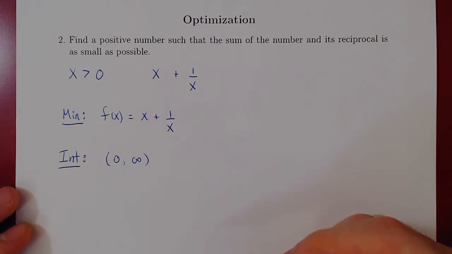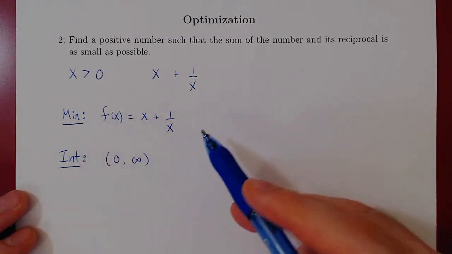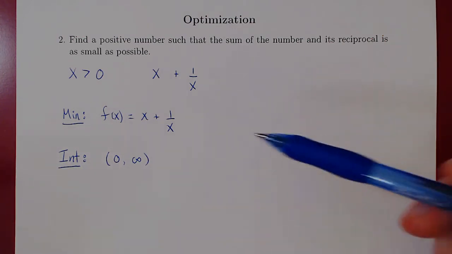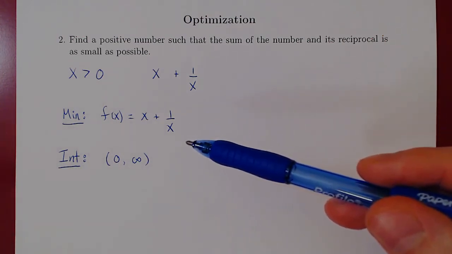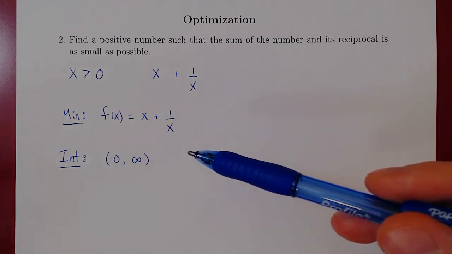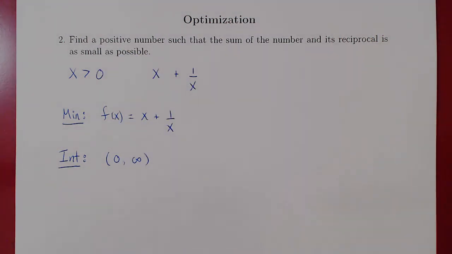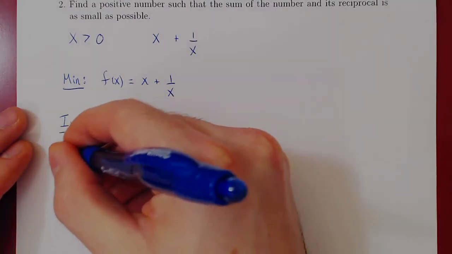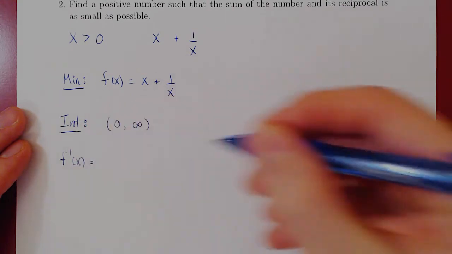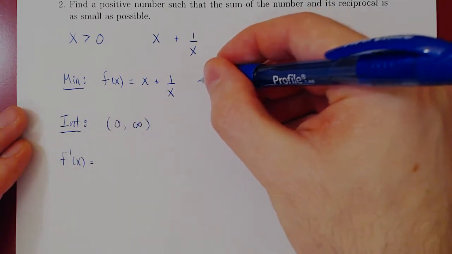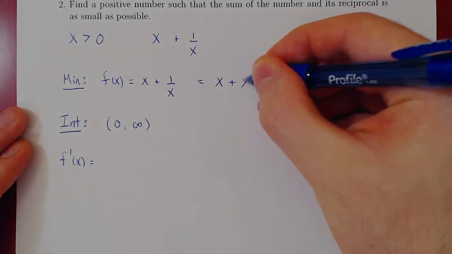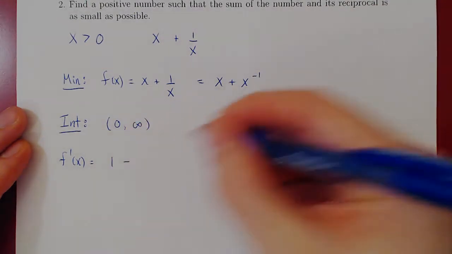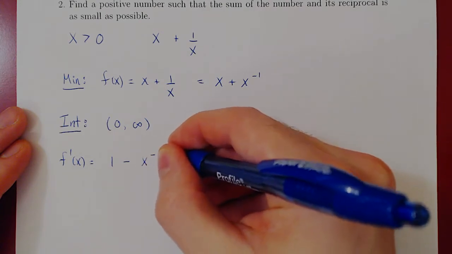As always, if we want to produce a rough sketch of the graph, keep in mind, why am I saying rough? Our goal here is not to sketch the function f accurately, but simply to figure out where there may be a minimum or a maximum. So we will find the first derivative, so f prime. Well, if you want to differentiate this, you can simply rewrite the 1 over x as x to the negative 1. So the derivative of f will be 1 minus x to the negative 2.